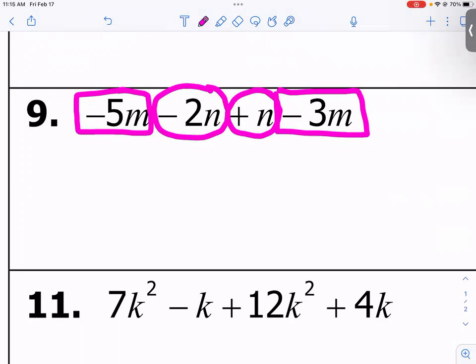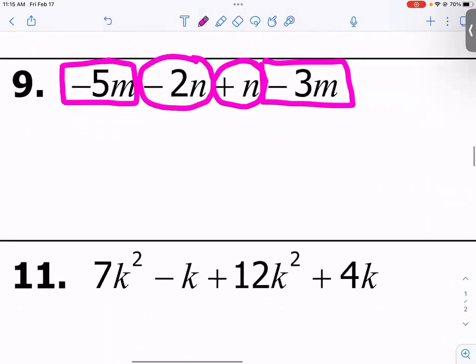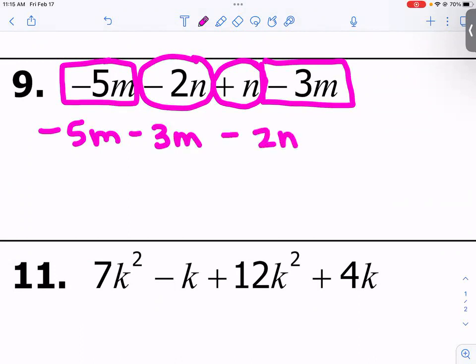So I'm going to just rewrite this. You don't necessarily need to do that, but I'm just going to rewrite it: negative 5m minus 3m. Now they're next to each other. Minus 2n plus n. What number is in front of that last term that I wrote? There's a 1. So if that helps, write it. Okay. So what is negative 5m minus 3m?